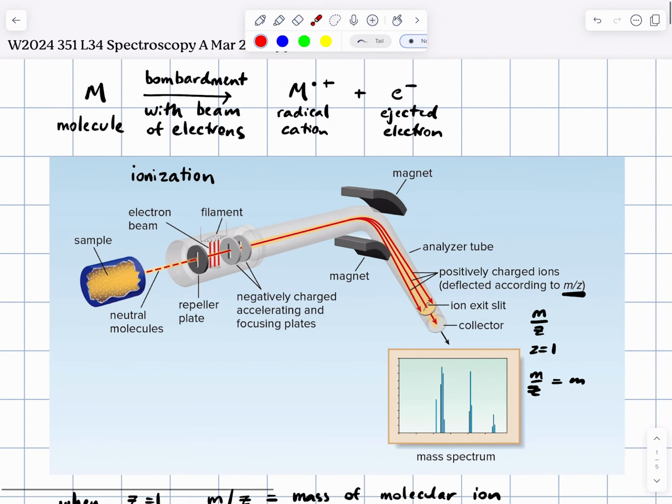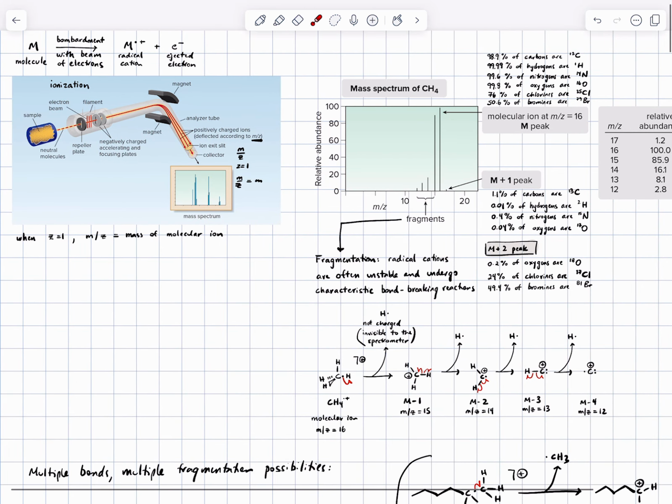In the case of bombardment with a beam of electrons, that's pretty high energy, and the radical cation that you make has lost 1 electron, so that means a bond, at least, is going to be weaker. And so you can actually start to see some of these molecules fall apart and fragment because the radical cation that you make is often not stable.